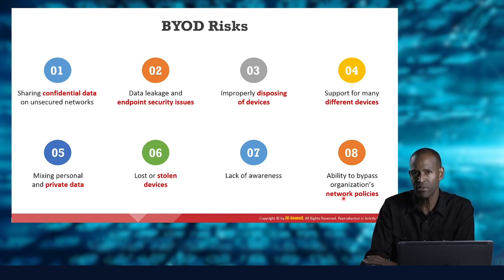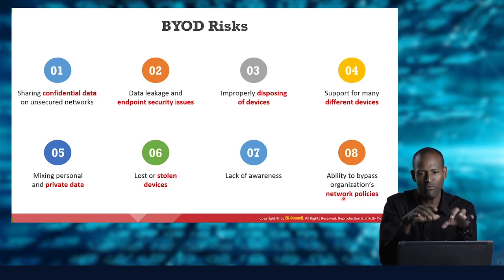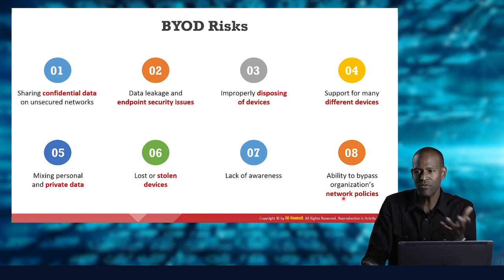But guess what? It's your phone. So while you're working on your laptop at work, you have your phone propped up next to you, streaming Netflix, right? You've just gotten around your organization's network policies. Fortunately, it's not on the network, but it might be streaming through the Wi-Fi network. It's a possibility. So that's BYOD risks.